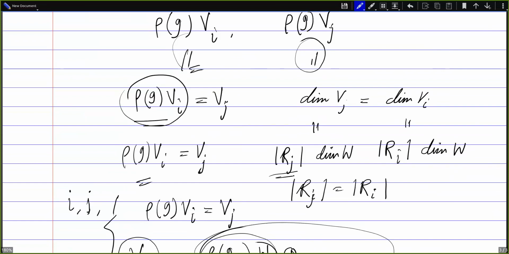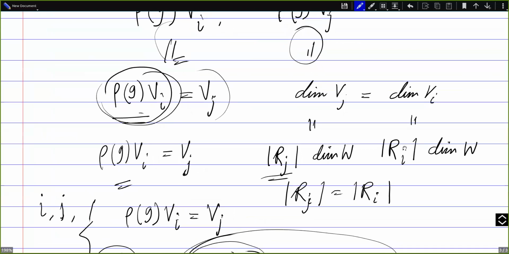And then we proved that we have ways to send Vi to Vj for any j, and once the image of Vi becomes Vj, then in both of them the number of occurrences of the irreducible subrepresentations are the same. So putting everything together, we proved Clifford's theorem.